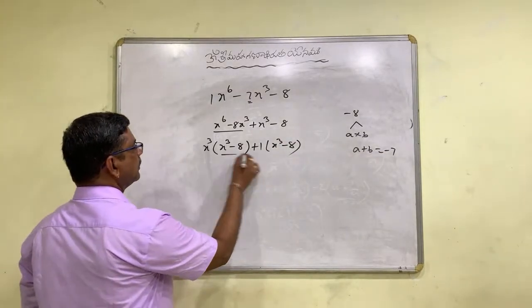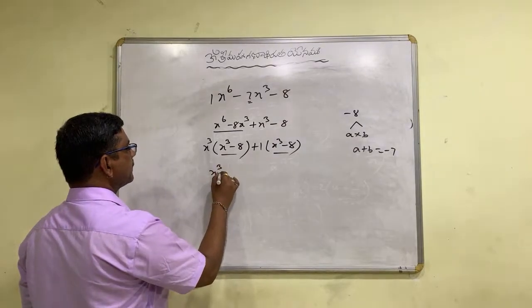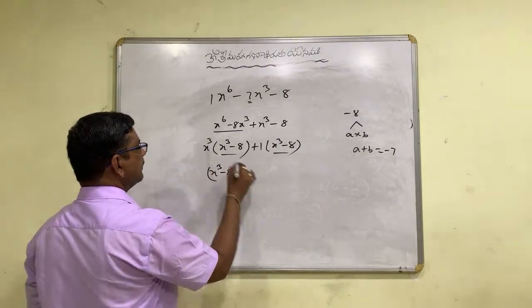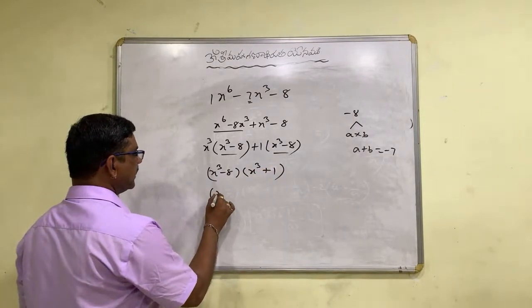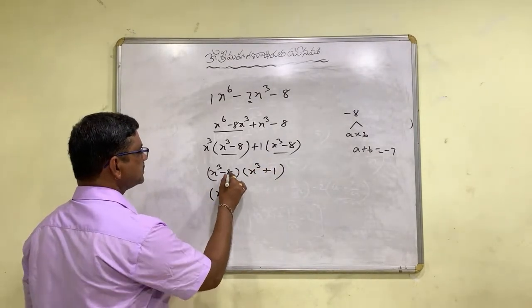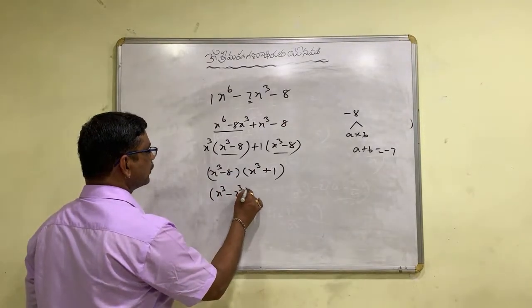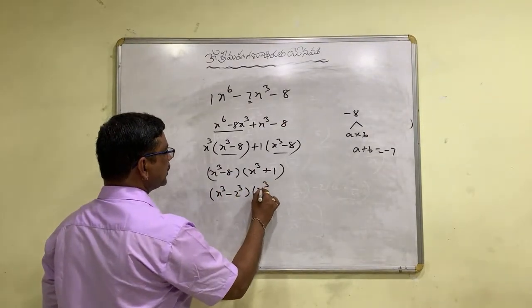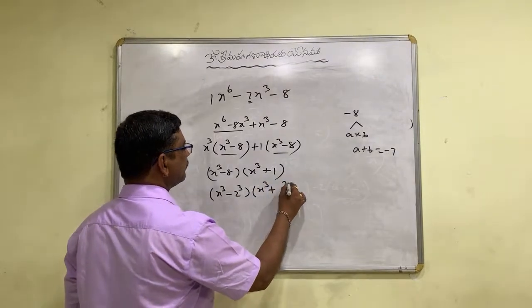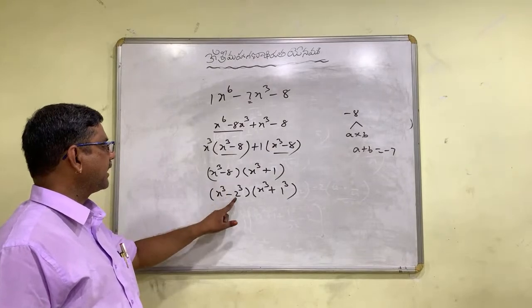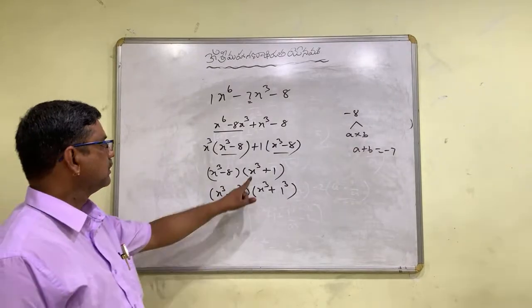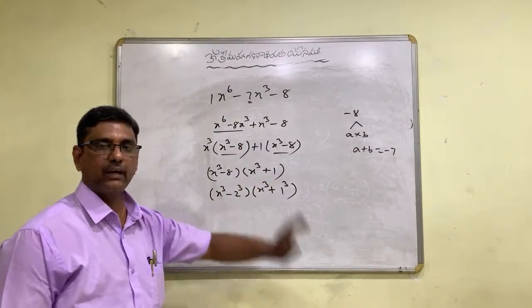So now again these two are common, and remaining is x cube plus 1. So children, x cube minus 8 is x cube minus 2 cube, and x cube plus 1 is x cube plus 1 cube.